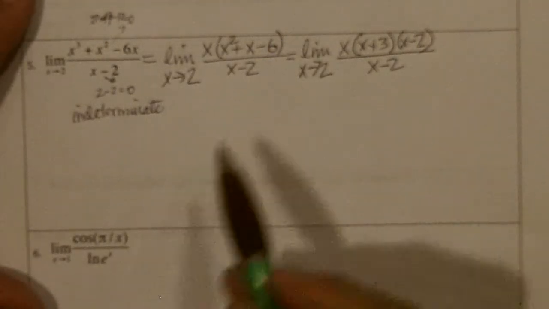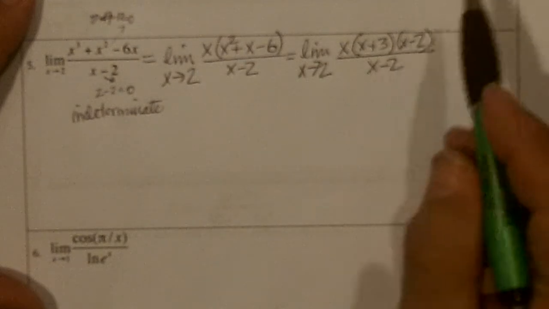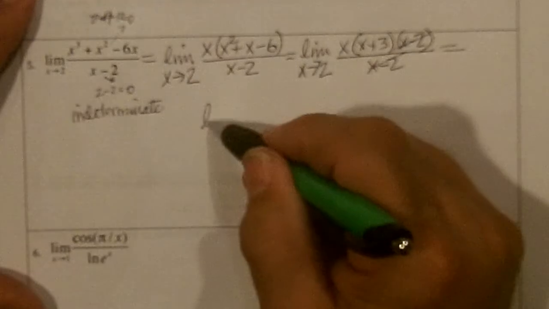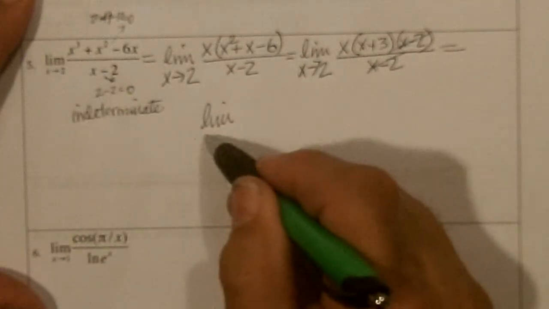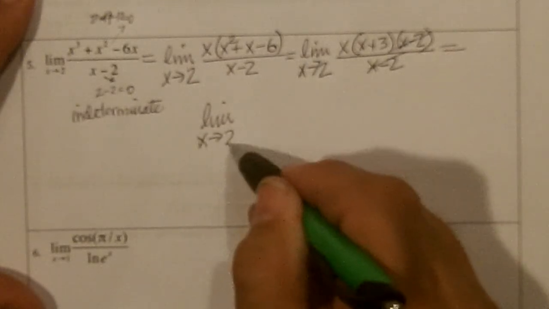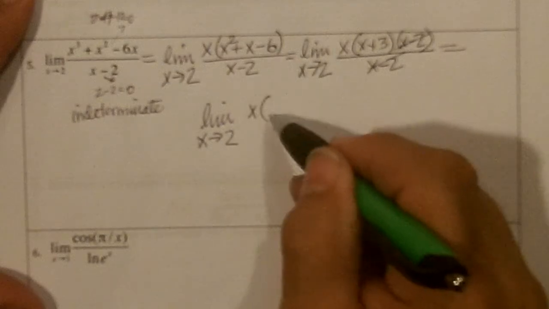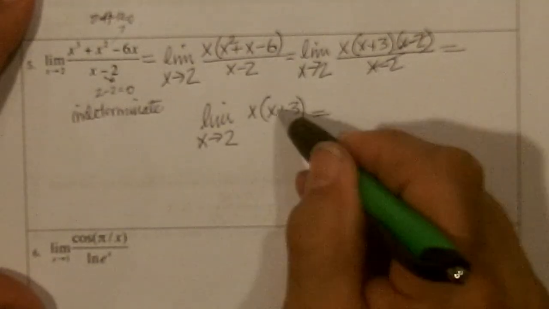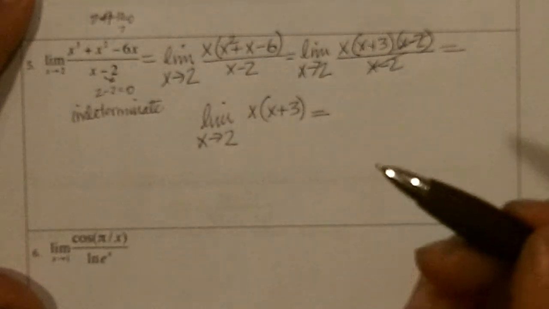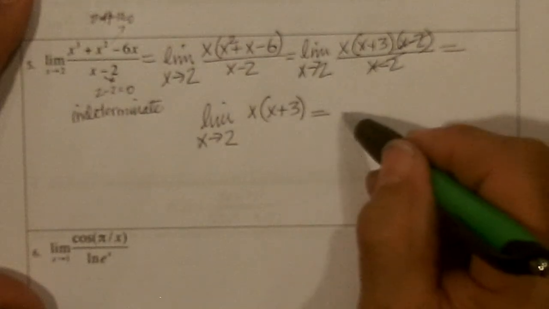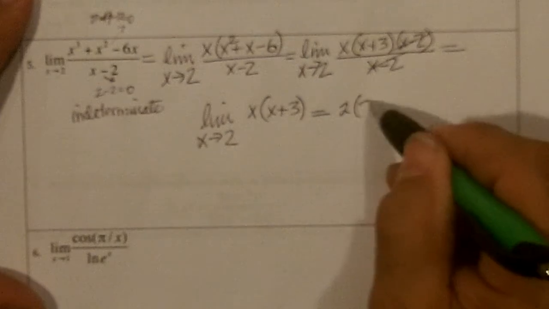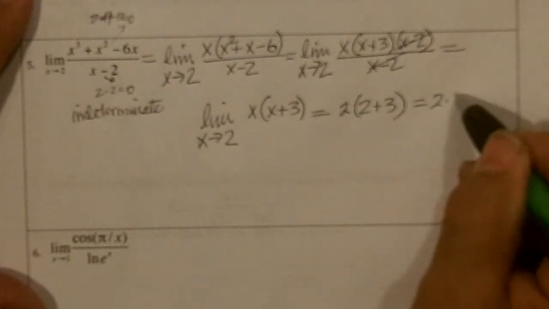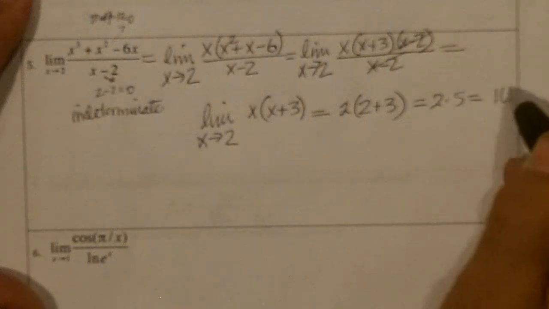And what makes this indeterminate is that goes to 0 and that goes to 0, but they cancel out, and so now I have the limit as x approaches 2 of x times x plus 3. Now when I put the 2 in, I'm taking the limit. So I can drop the limit and just say it's 2 times 2 plus 3, which is 2 times 5, or 10.